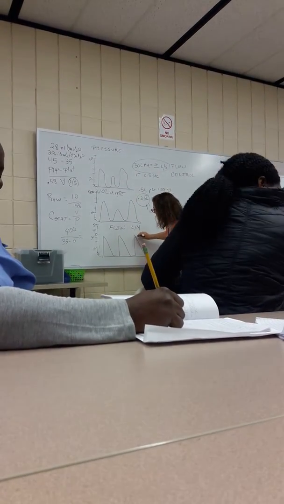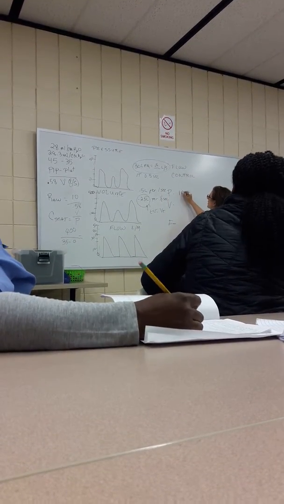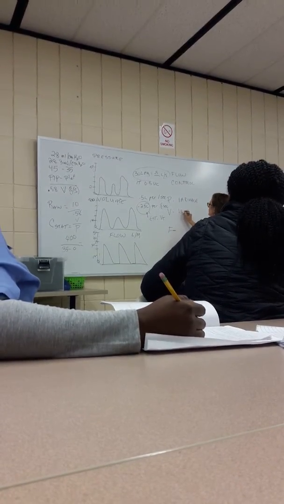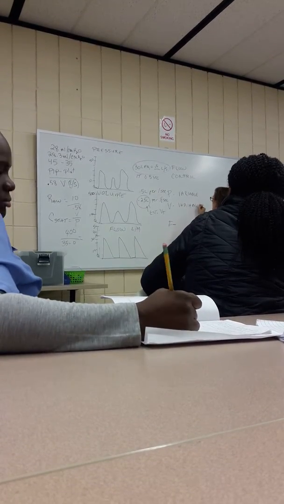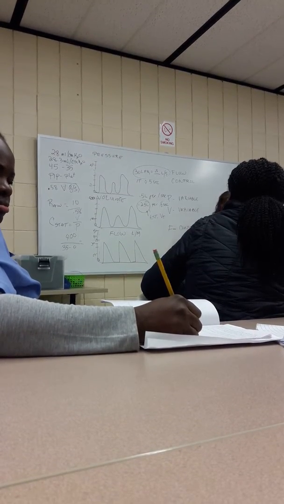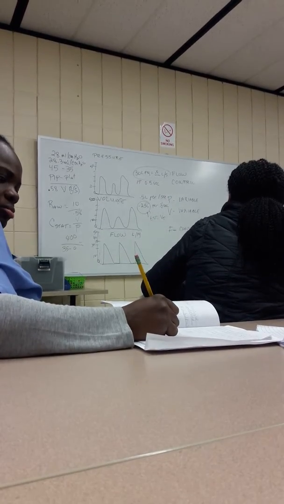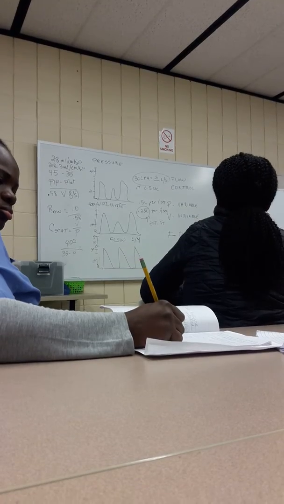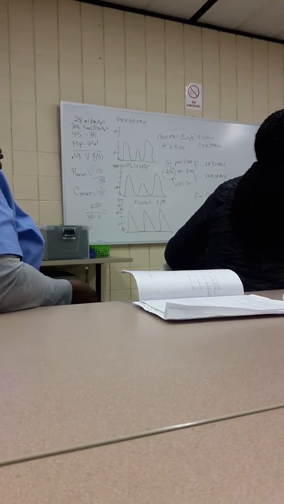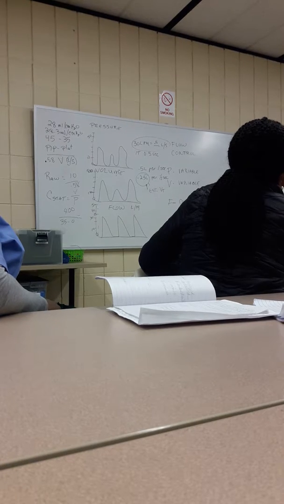So in flow control, pressure is variable, volume is variable, and flow is constant. One of those images that I gave you in your packet shows this: pressure is up and down, volume is up and down, but the flow is the same. That's flow controlled ventilation.